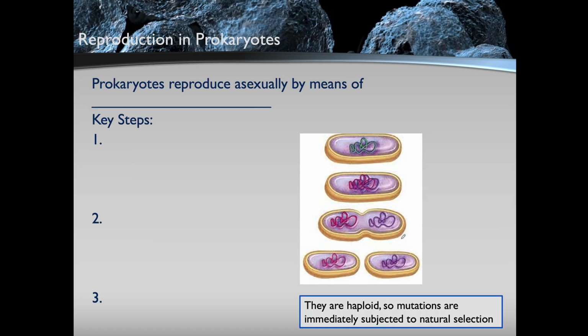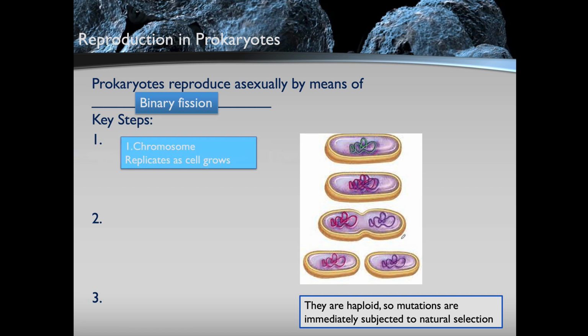Prokaryotes also have mechanisms for reproduction. Their key mechanism is asexually by means of what's known as binary fission. So let's take a look at the 3 steps that do that. Number 1, chromosomes replicate as the cell grows. So here you can see a bacterial cell. It is quite elongated from end to end.